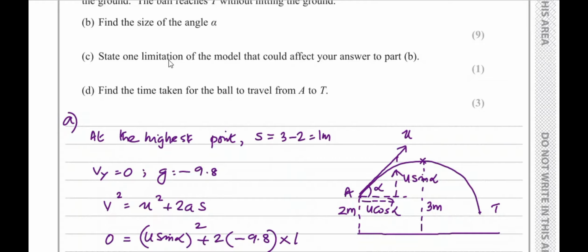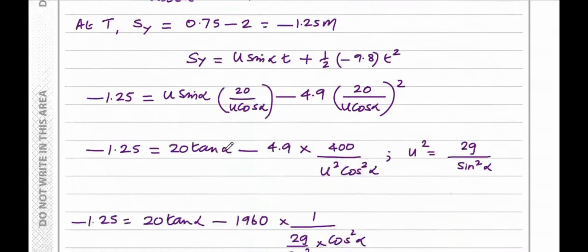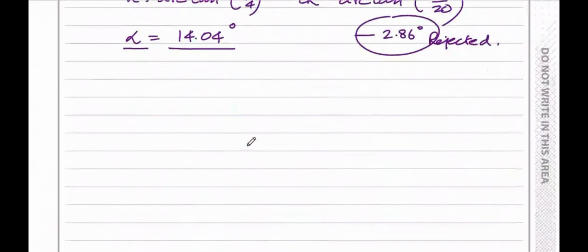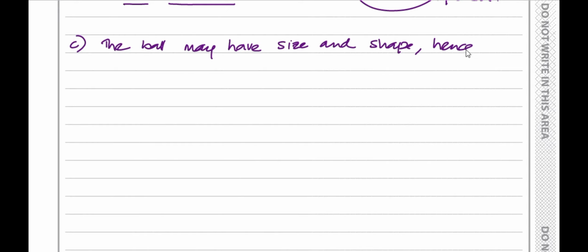Part C. State one limitation of the model that could affect your answer to Part B. We could say a few limitations, but just one is enough for us. So the most acceptable one is that the ball may have size and shape. Hence, it will have spin effect.